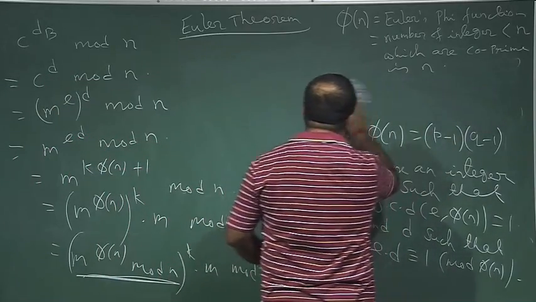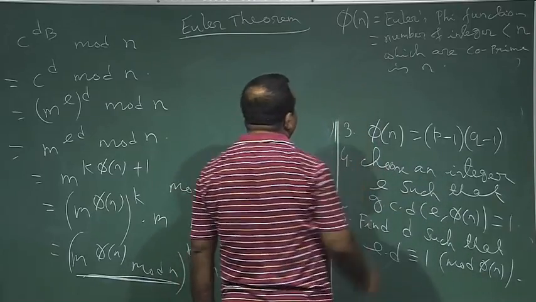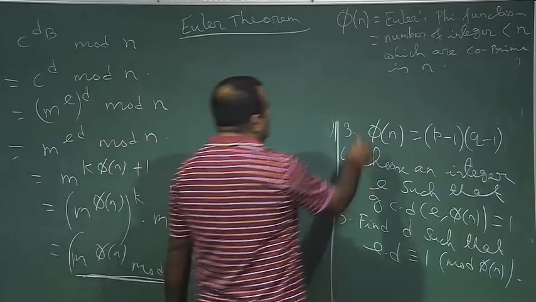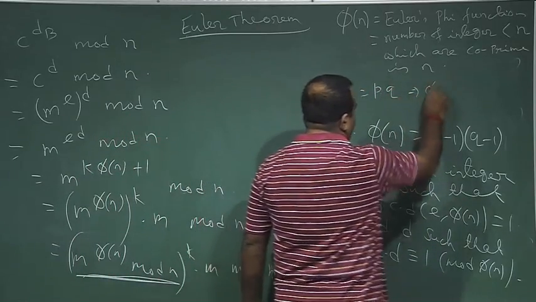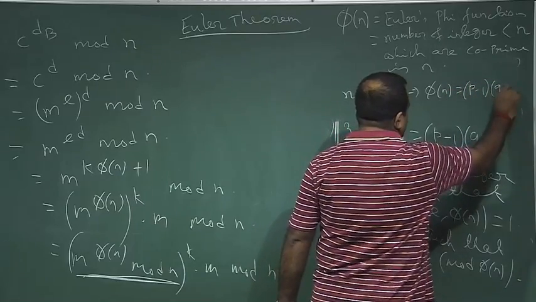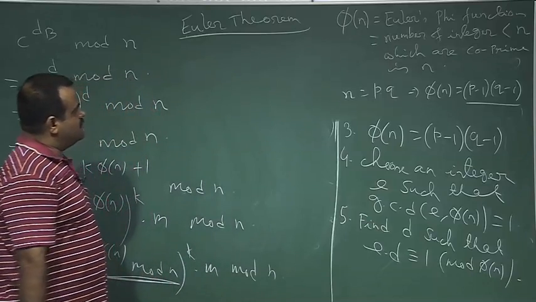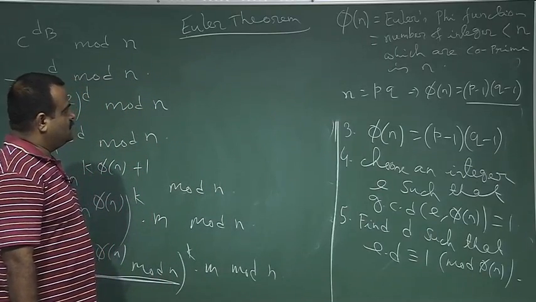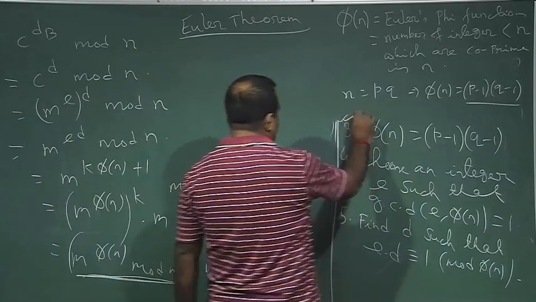If n is prime, then phi n is n minus 1. Now if n is equal to pq, the product of 2 primes, we have seen phi n is p minus 1 into q minus 1. This is the Euler phi function.